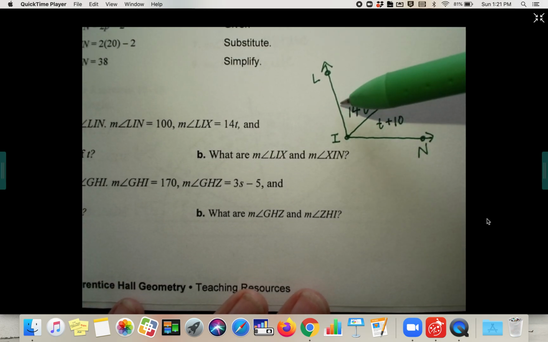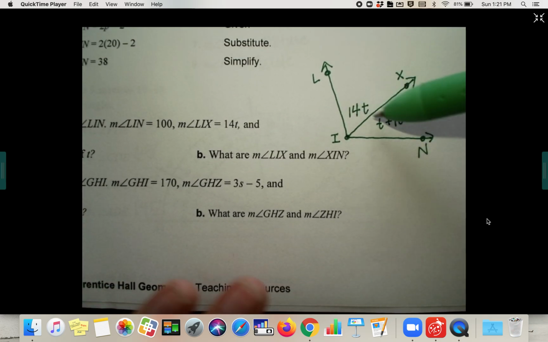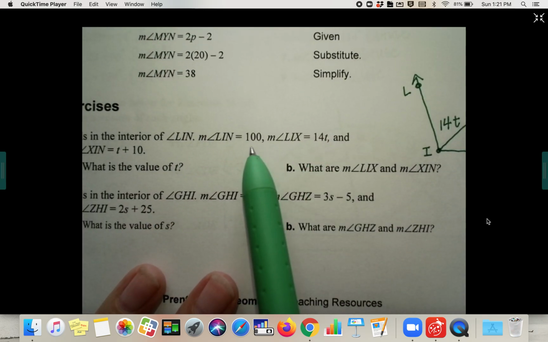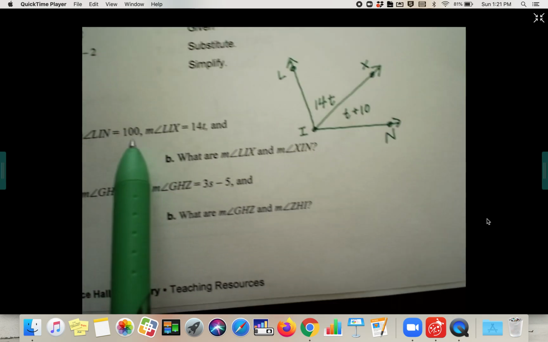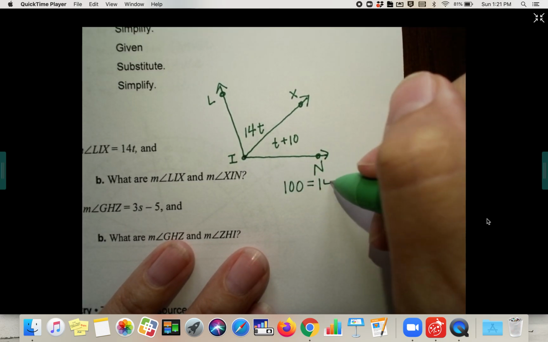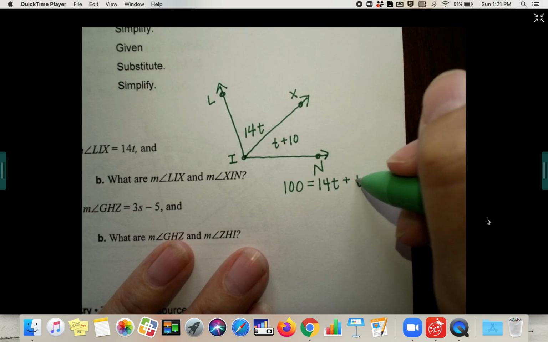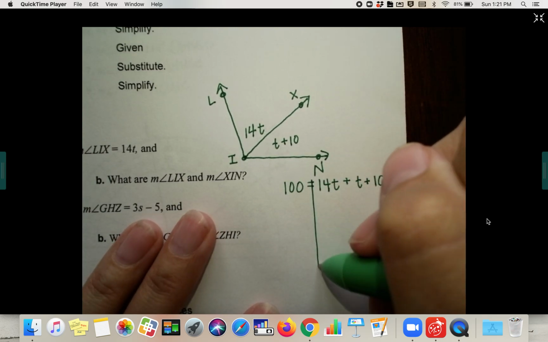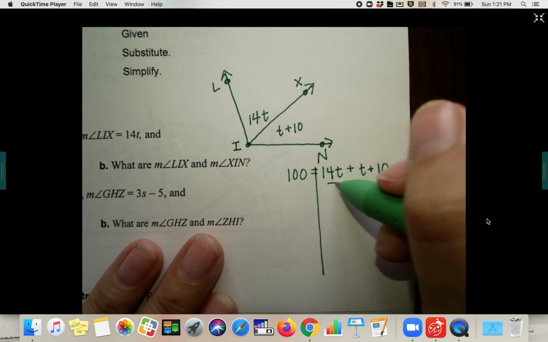We don't know what these are, but we know the total measure equals 100. So let's set it up: 100 total equals the 14t angle plus the t plus 10 angle, and we're just going to solve it with algebra.